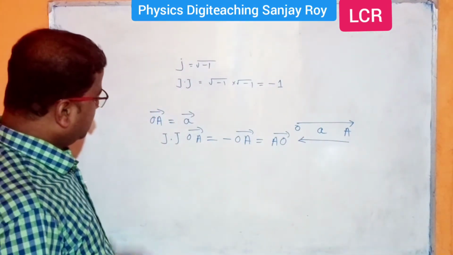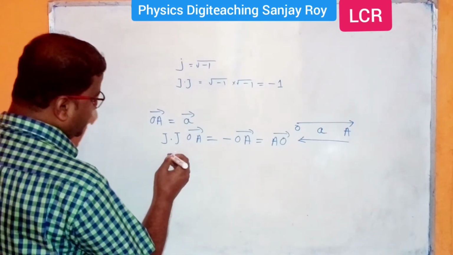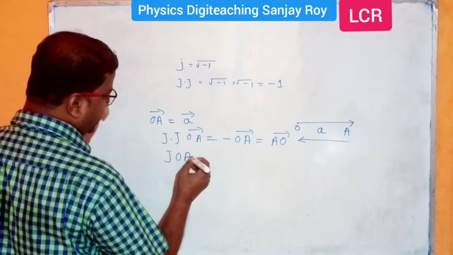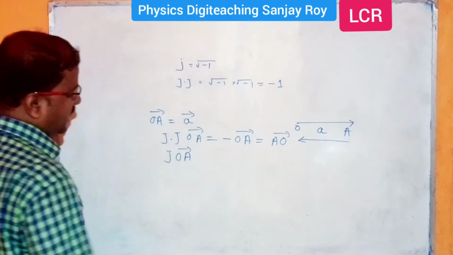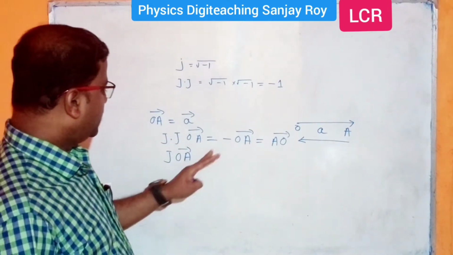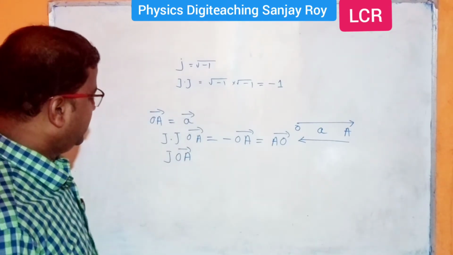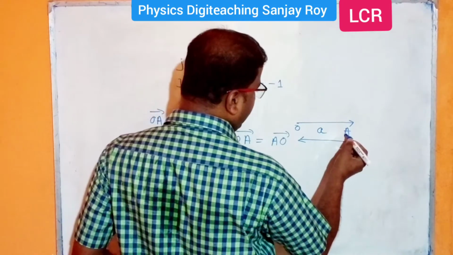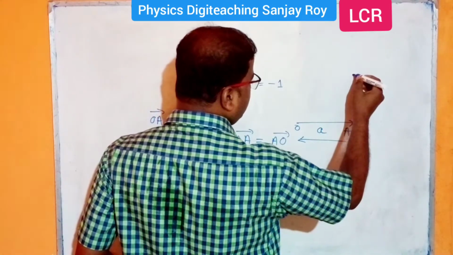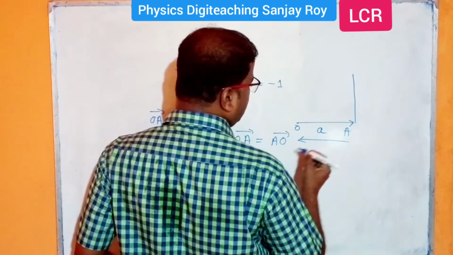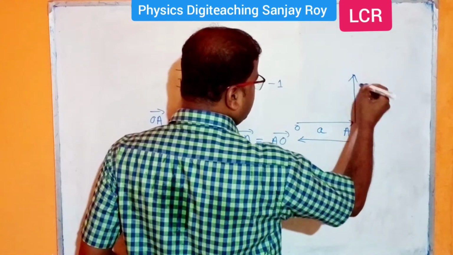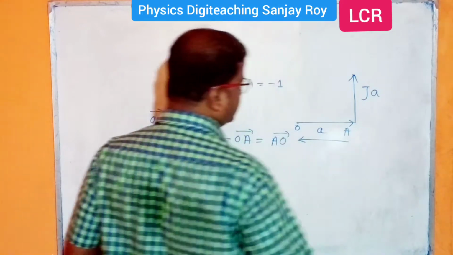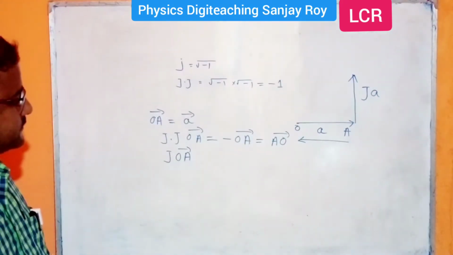So we can conclude, if we multiply by j, then the vector rotates 90 degree. If this is OA, then this is j into A. Okay.